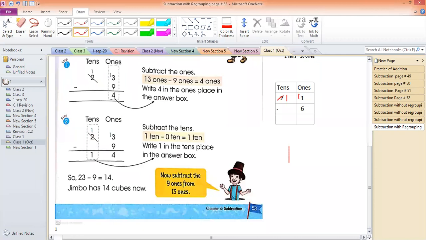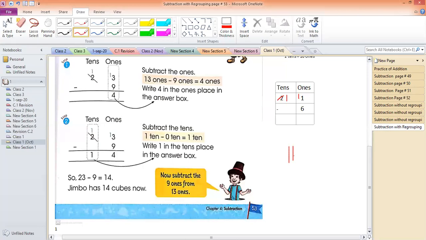Now 1 ten and 1 ones, it is now 11. Can you minus 6 from 11? Yes. 11 minus 6 equals 5.